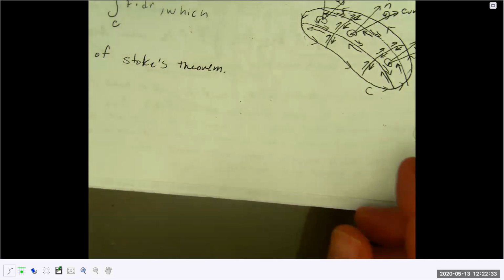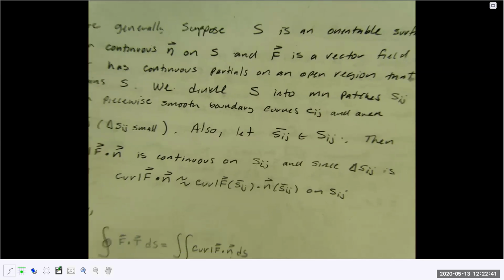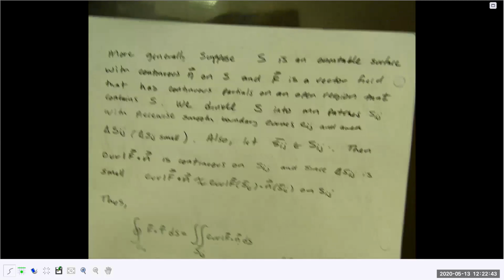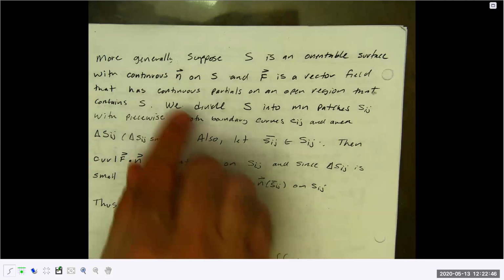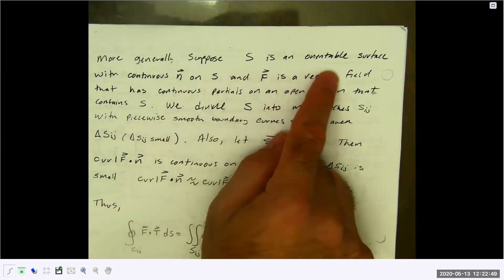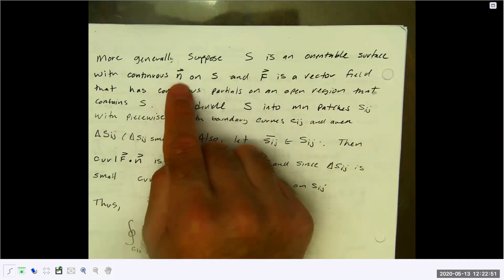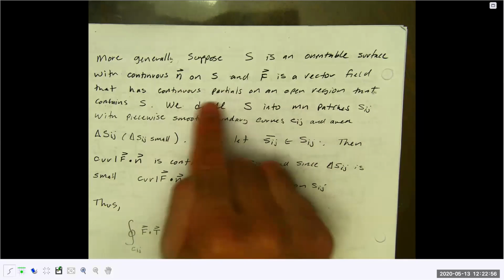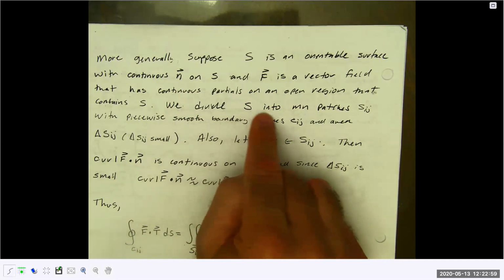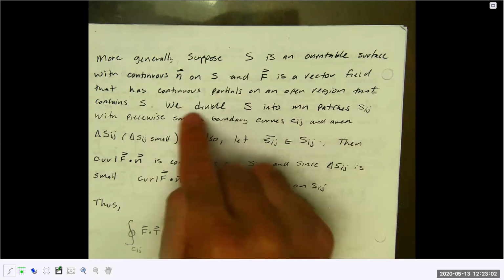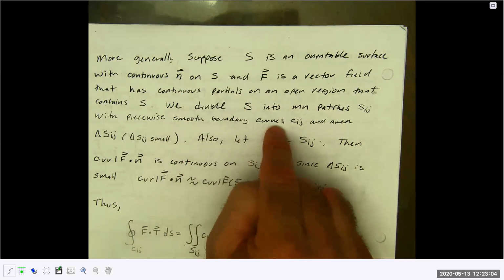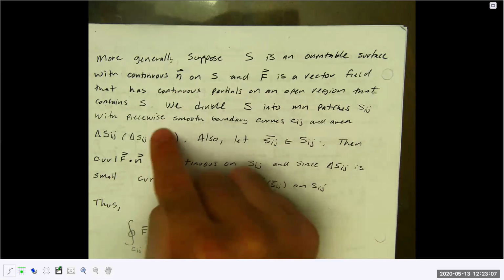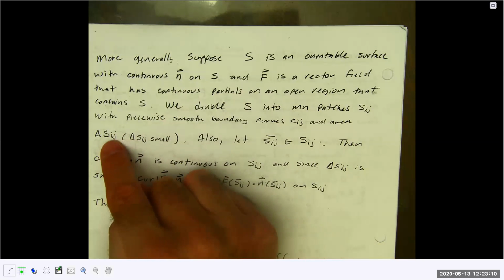All right, so what we want to do is generalize this idea. More generally, suppose S is an orientable surface with continuous normal on S, and F is a vector field that has continuous partials on an open region that contains S. So we can divide S into m times n patches, S_ij, with piecewise smooth boundary curves, C_ij, and the area of each piece is going to be delta S_ij.